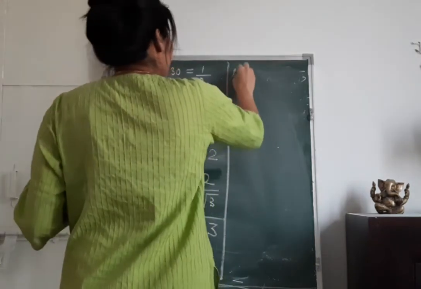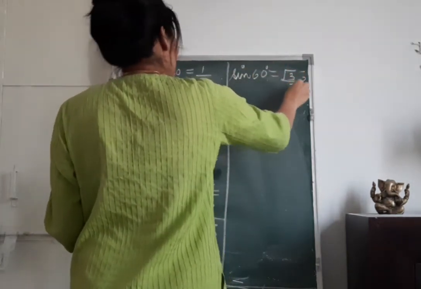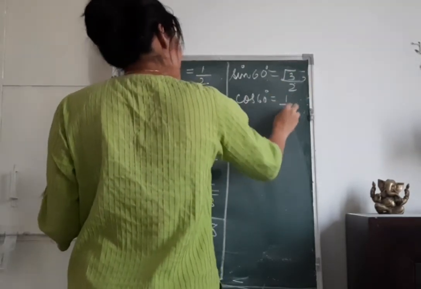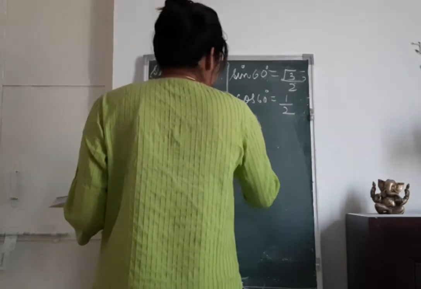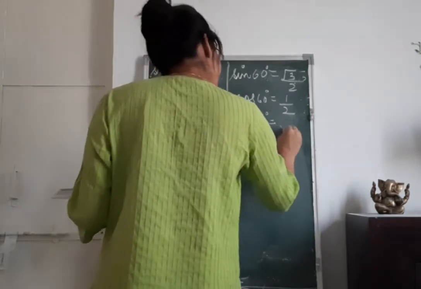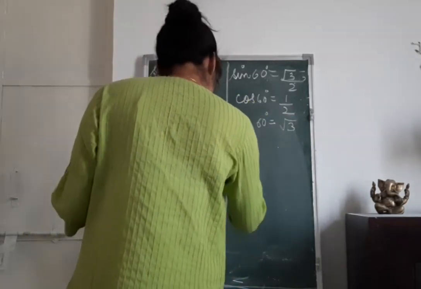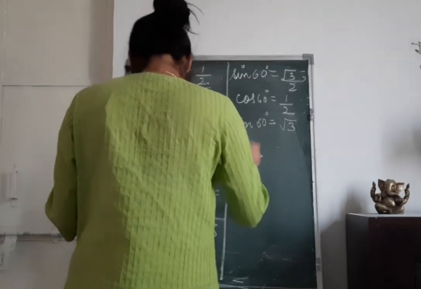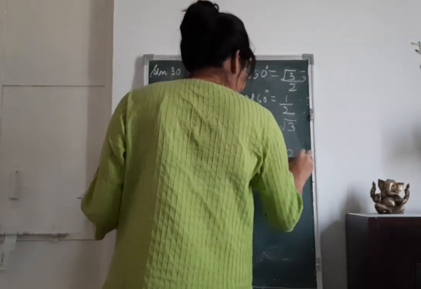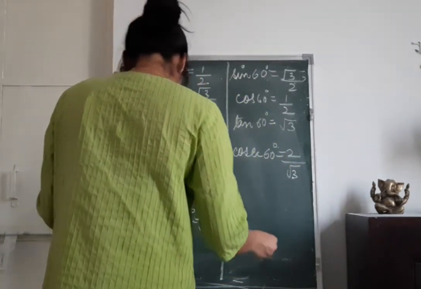Similarly, sin 60 degrees is equal to root 3 by 2. Cos 60 degrees is equal to half. Tan of 60 degrees is equal to root 3. Cosec of 60 degrees is equal to 2 upon root 3.